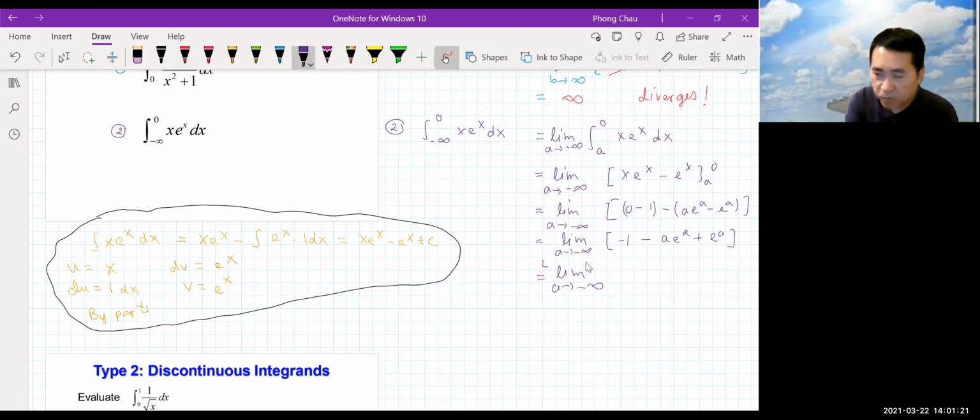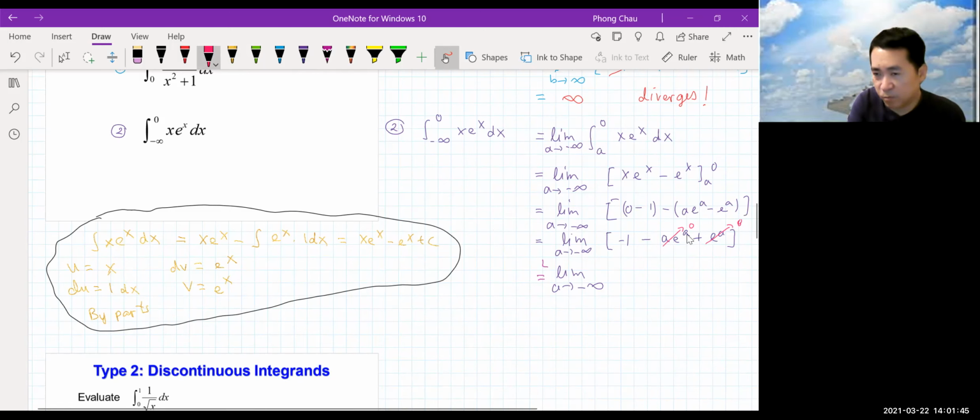Now as a goes to negative infinity, this goes to 0, and that one goes to 0. So what I'll have left is negative 1.